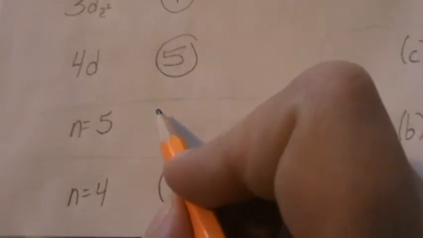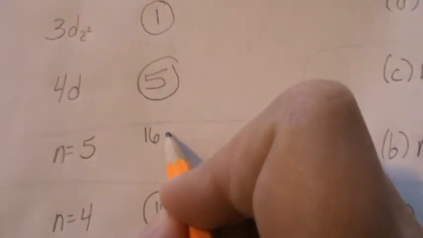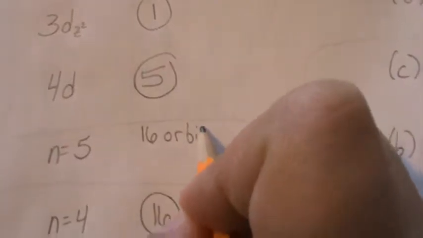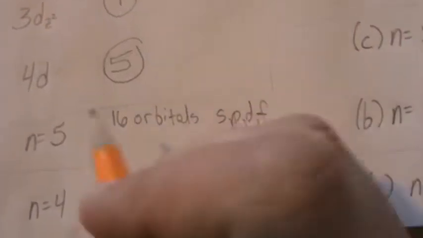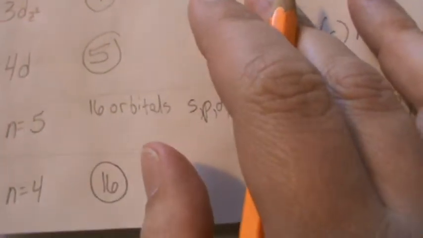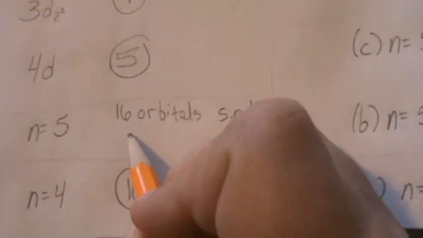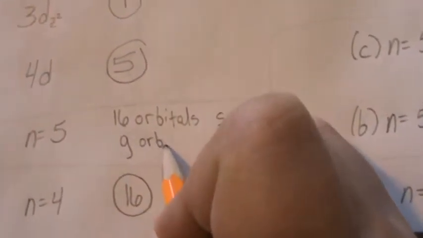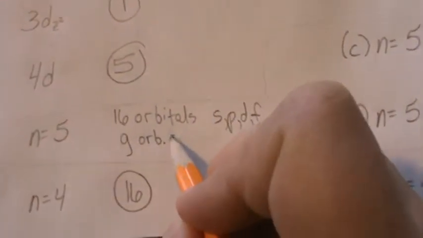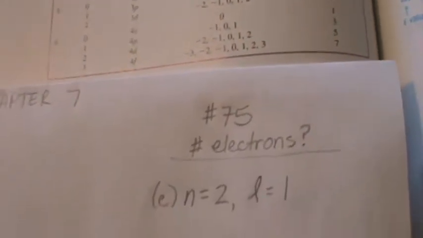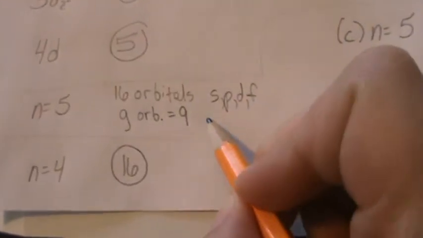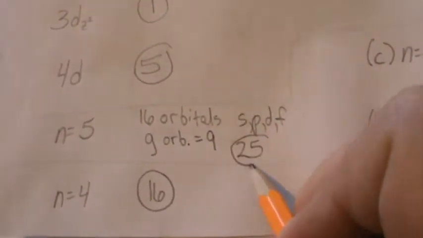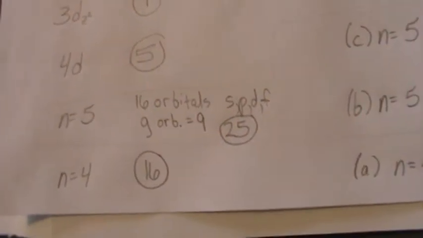Okay, so when n is equal to 5, we have the 16 orbitals from s, p, d, and f, and then we also have our g orbitals. And there are going to be 9 of those because we're just following through 1, 3, 5, 7, and the next one would be 9. Okay, so that means that there are 25 orbitals altogether when n is equal to 5.